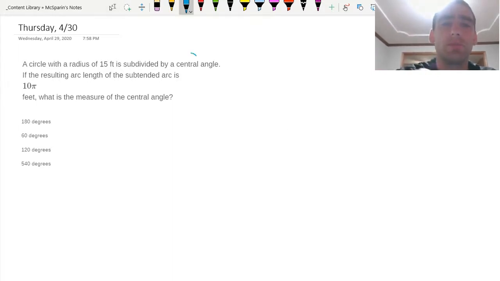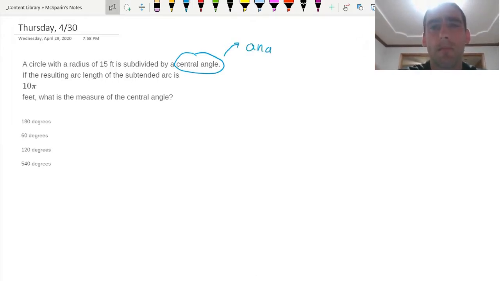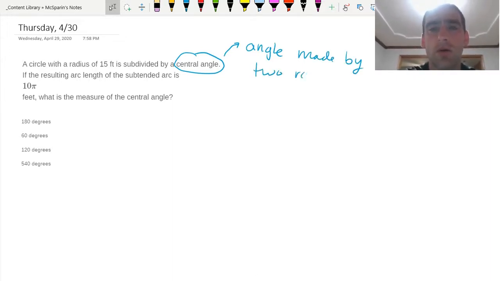So let's define central angle. That is an angle made by two radii.